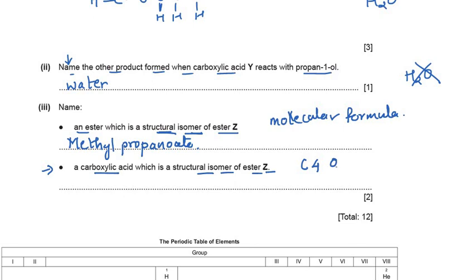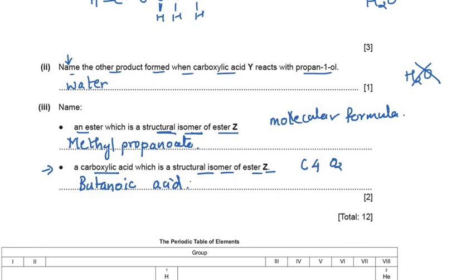Oxygen is obviously 2 if we are writing an ester or carboxylic acid, and the remaining hydrogen. So if we are writing the name of a carboxylic acid with 4 carbon atoms, then it should be butanoic acid, because our ester has 4 carbon atoms and the carboxylic acid with 4 carbon atoms is butanoic acid. So this is the carboxylic acid which is the structural isomer of ester Z.